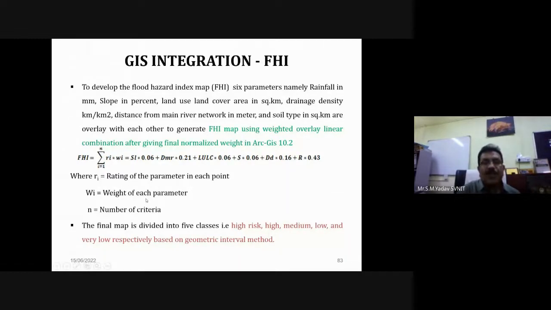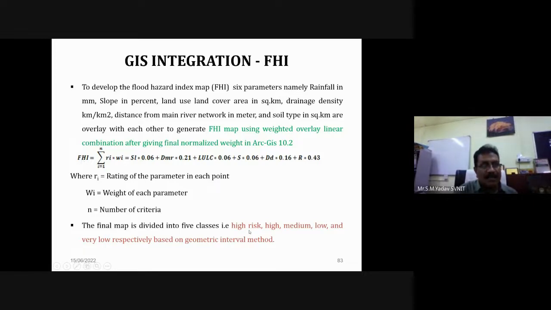This final map which you are preparing also has various values, because your value of FHI will vary depending upon the classification of that particular parameter, and therefore for each section the value will be different. These values are again classified into 5 categories. The final map is divided into 5 classes depending upon the value of FHI.